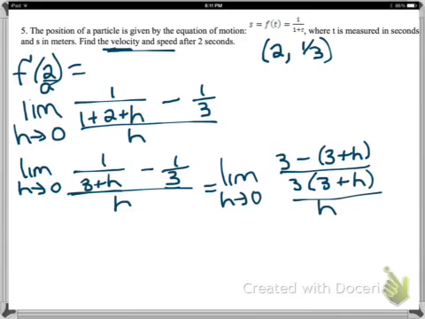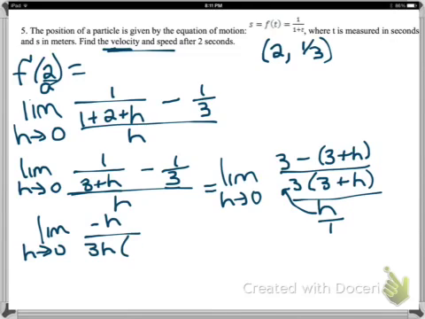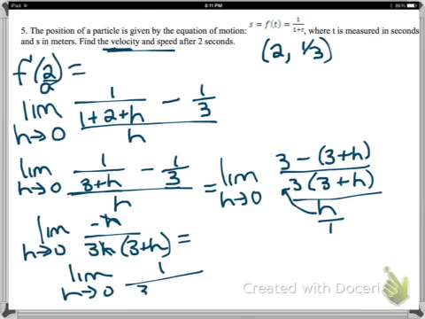When I divide like that by h, you're multiplying by 1 over h when you flip it. 3 minus 3 is going to cancel. I'm going to get negative h over 3h times 3 plus h. The h's cancel, so I get the limit as h goes to 0 of negative 1 over 3 times 3 plus h. Now I can plug 0 in for h, and I'd get negative 1/9.